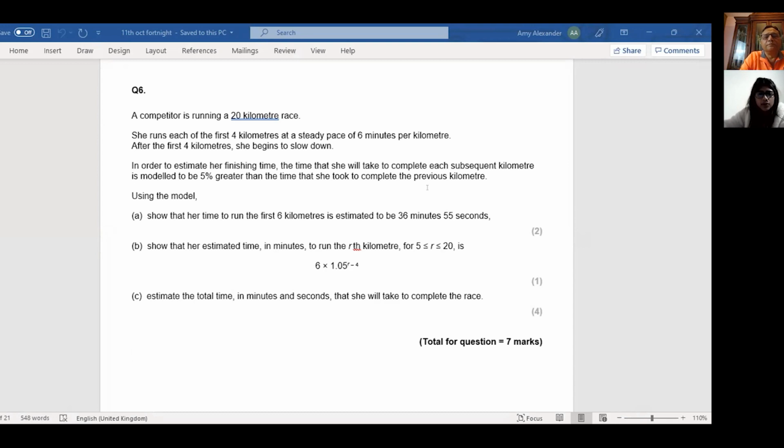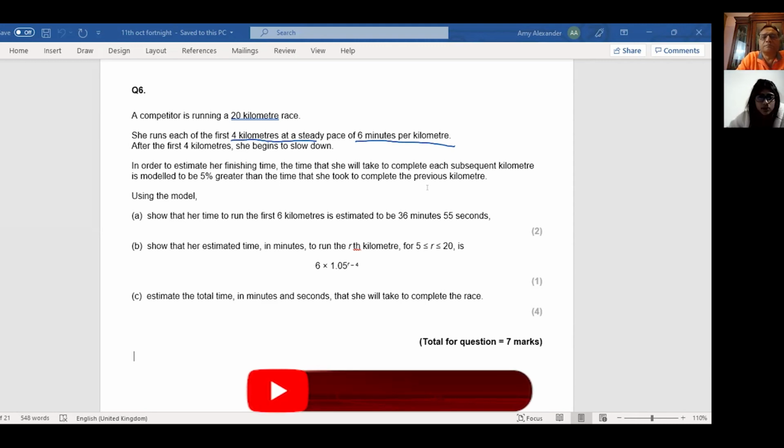So in order to estimate her finishing time, the time that she will take to complete each subsequent kilometer is modeled to be 5% greater than the time she took to complete the previous kilometer. So using the model, part A: show that her time to run the first 6 kilometers is estimated to be 36 minutes and 55 seconds.